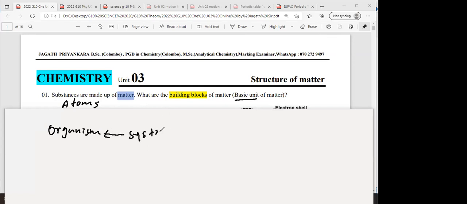Your blood circulatory system is made of heart, blood vessels and all. The nervous system has the brain, and the respiratory system has lungs. Therefore, systems consist of organs. Then organs are made of tissues. Tissues are made of cells.